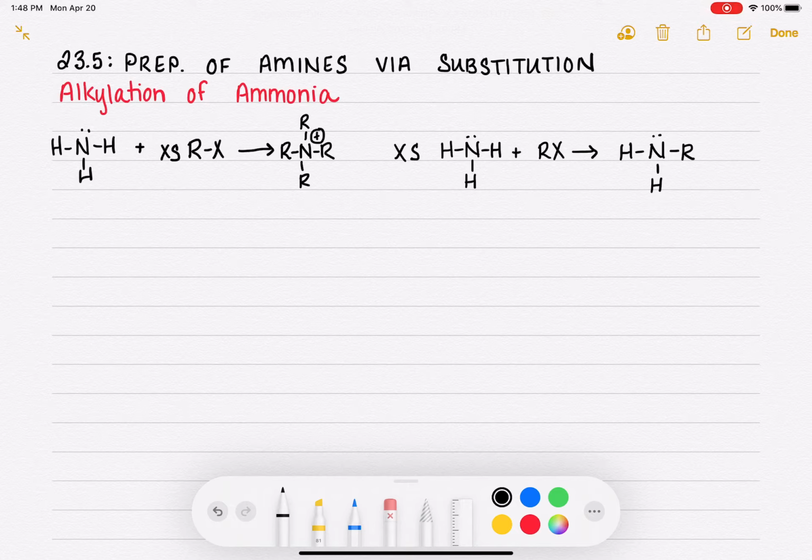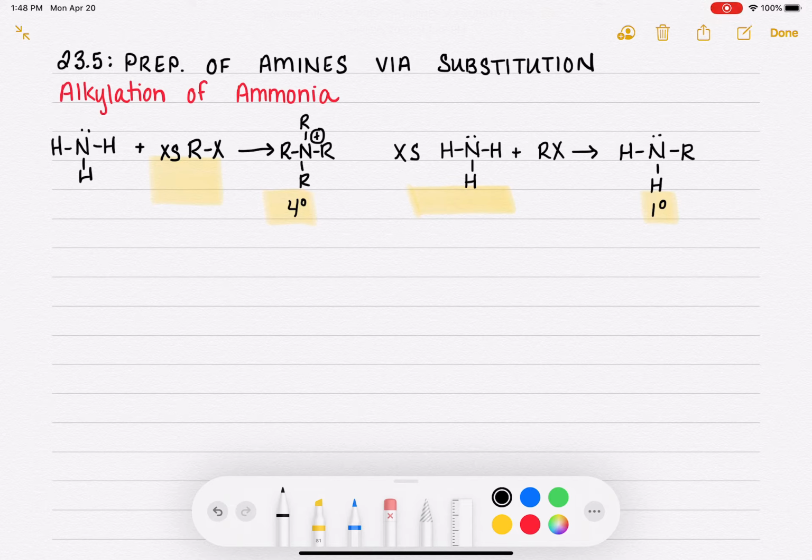So this is making our quaternary ammonium. This is making our primary amine. Quaternary ammonium we get when we have excess alkyl halide, and the primary amine when we have excess amine. So it's not ideal because there is no way to make secondary or tertiary amines using this reaction. It's all or just one.